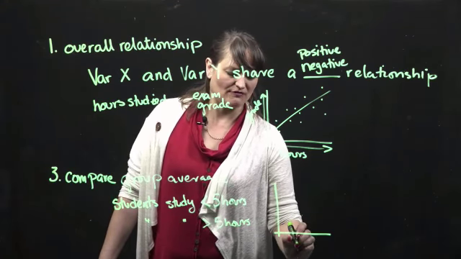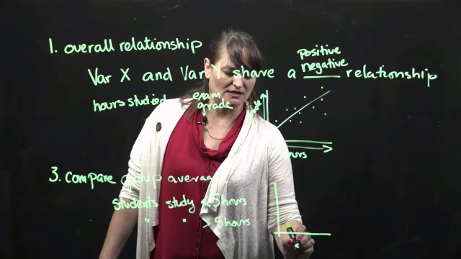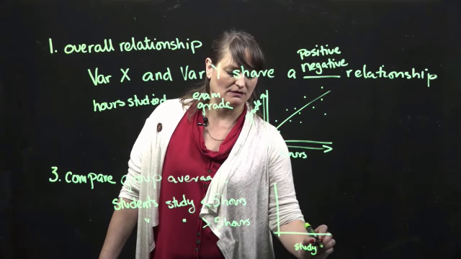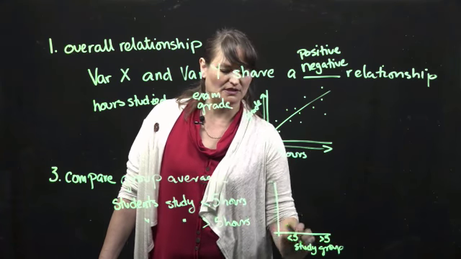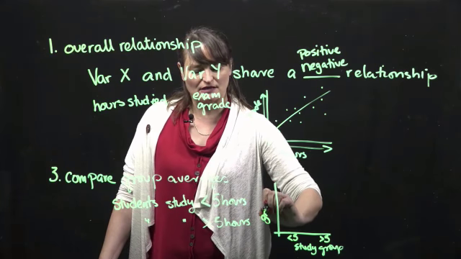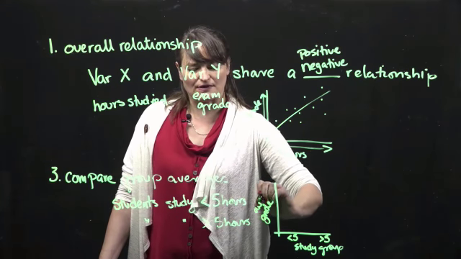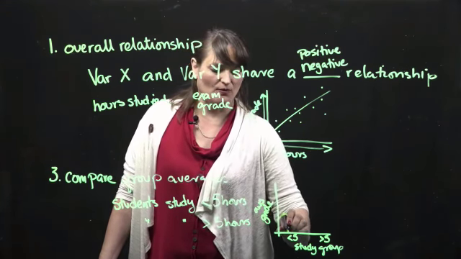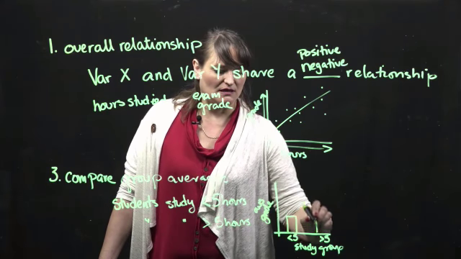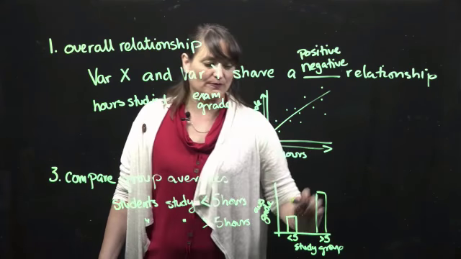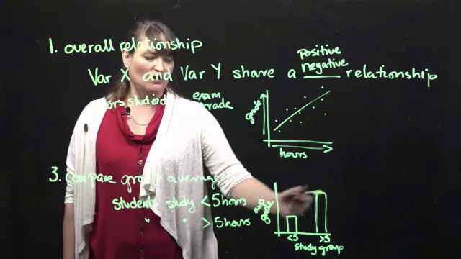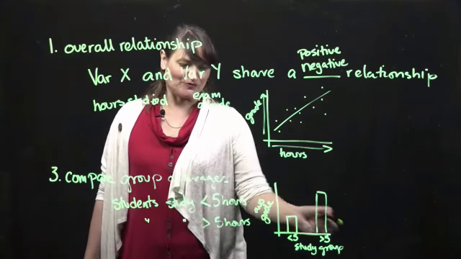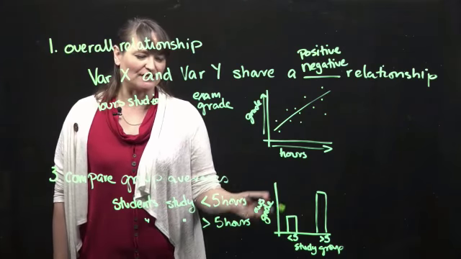And so this time we've got the study group with the less than 5 hours and the more than 5 hours, and then their exam grade. And this time it's going to be the average grade. And we would expect to see a difference between the groups, or we'd be asking if there was a difference between the groups to see if the group that studied more performed better on the exam than the group that studied less.